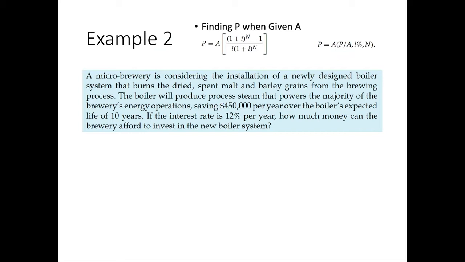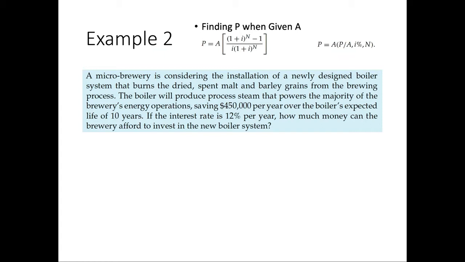So it sounds like this is a new type of boiler which can save you some money, because you can recycle whatever you produce or you have from your brewery business, right?